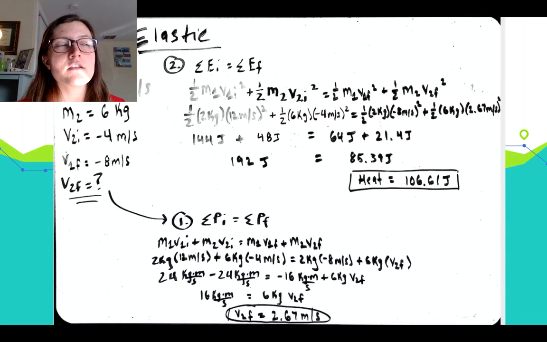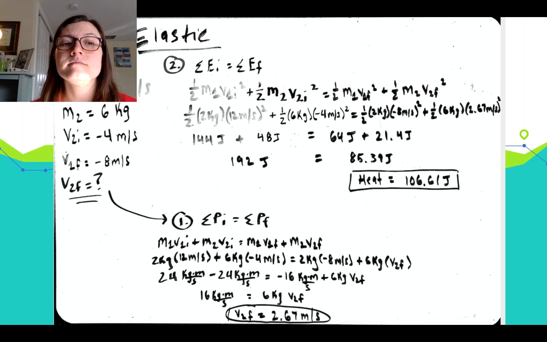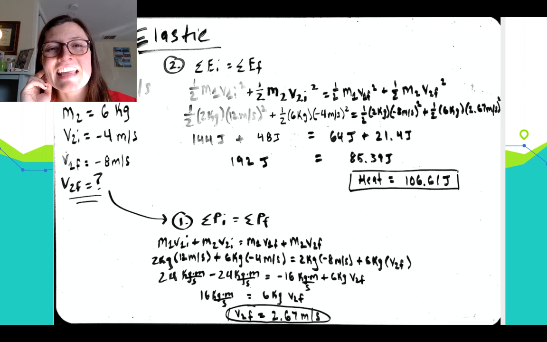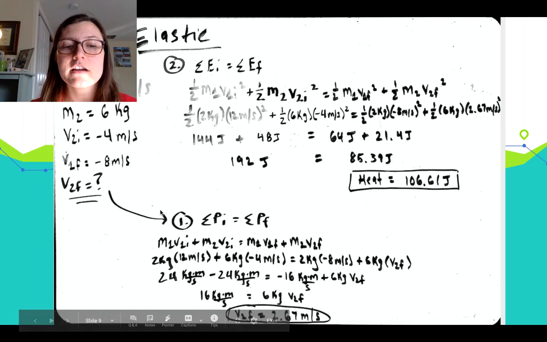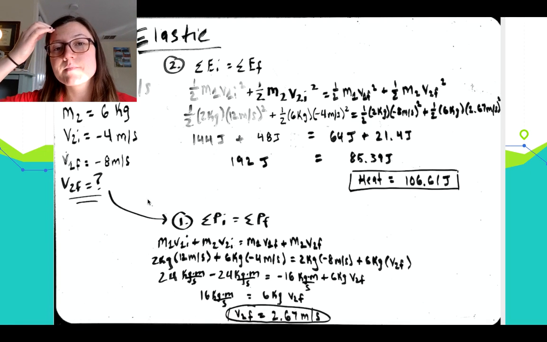One way that you could have approached it would be that it's an elastic collision. If it's an elastic collision, that means that you're missing the final velocity of object 2. So your first step would be to use the conservation of momentum in order to find that missing final velocity. You must be very careful with the signs.